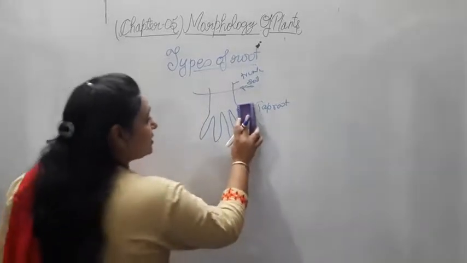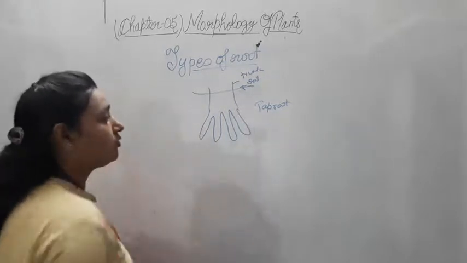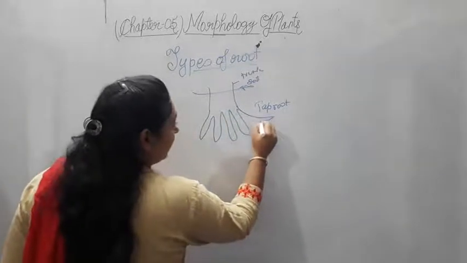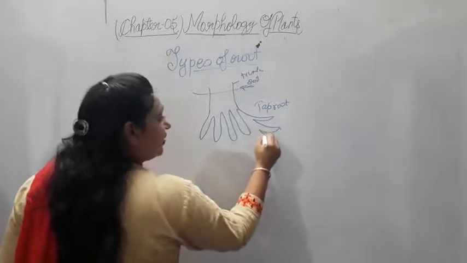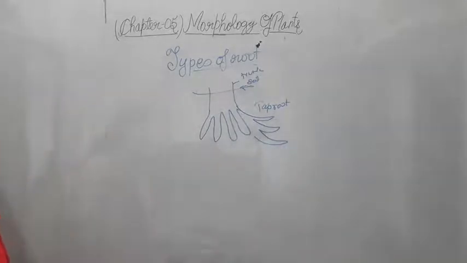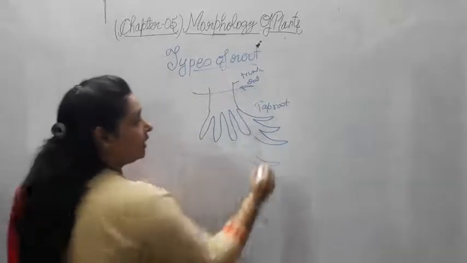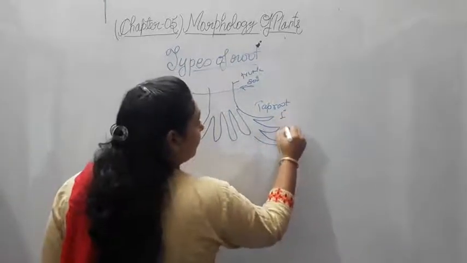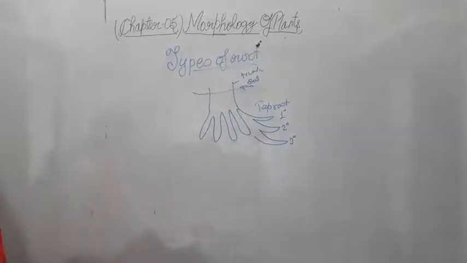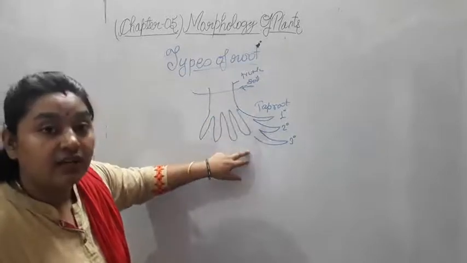Now these tap roots, for example, I will just take this one part of the root. If this tap root is there, it will be dividing into primary, secondary and tertiary part of the root. So the tap root has a special quality that it gets divided into primary, secondary and tertiary root system. So that's why they are called tap root.